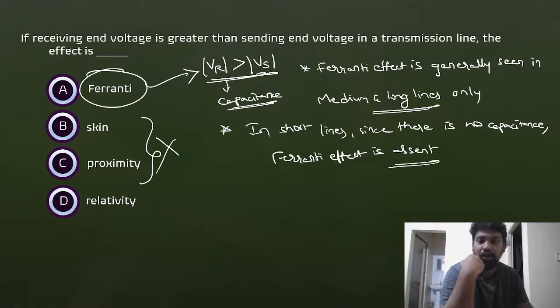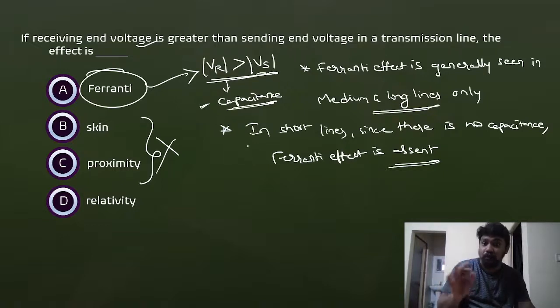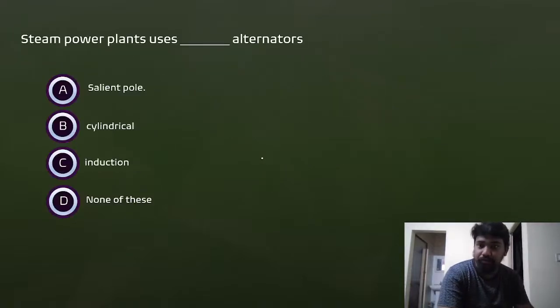We can see this effect only in medium lines as well as long lines, but not in short lines, because the Ferranti effect occurs due to the presence of capacitance, and this capacitance is absent in the case of a short line. That is why we can't see any Ferranti effect in the short line. Fine. Let us go to the next question.